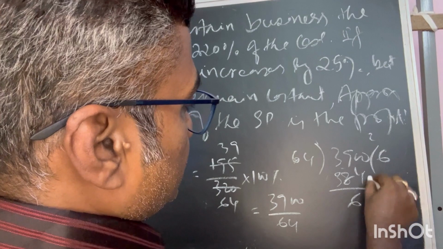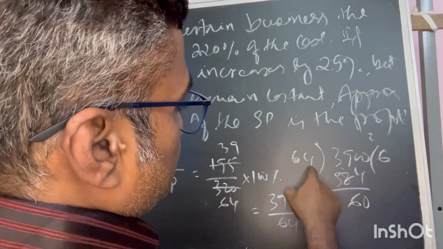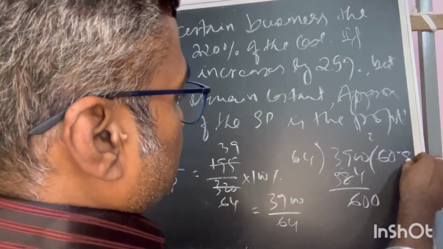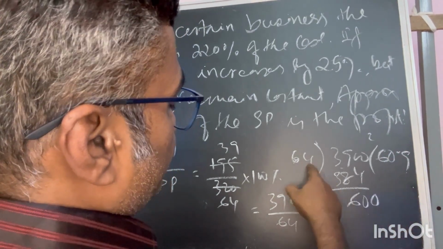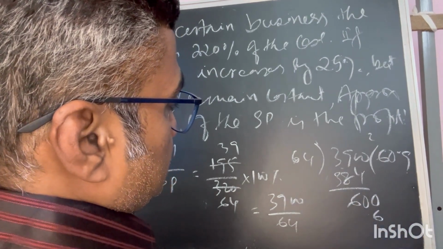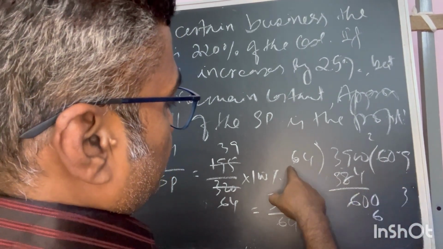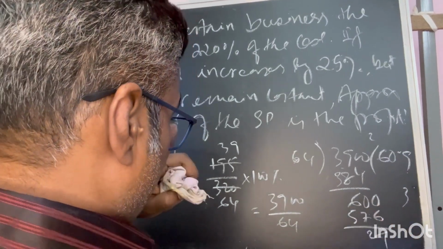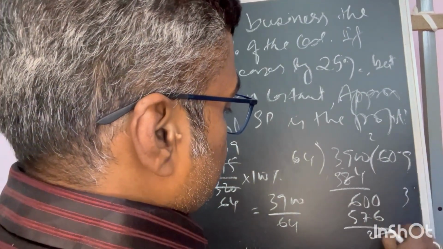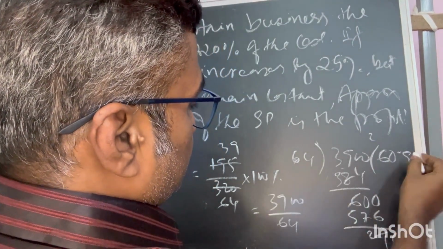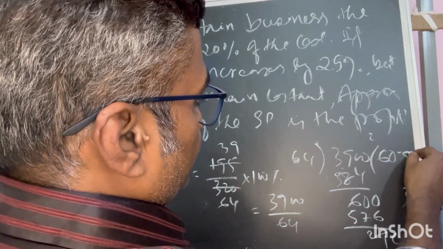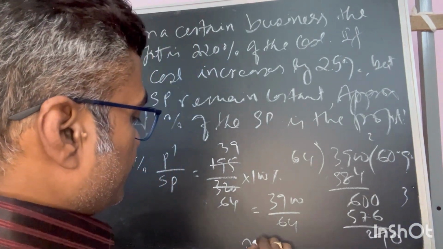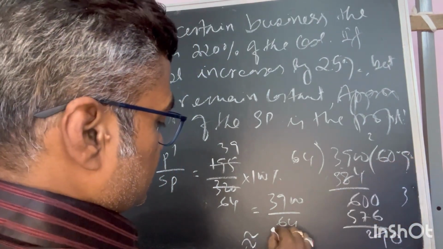So it will give you 60 remaining, and it will not be divided further, so that will give you around 9. 9 4s are 36, 9 6s are 54, 57. That is equal to 576, leaving 24. So this will give you an approximate value of 60.9, meaning 61%.